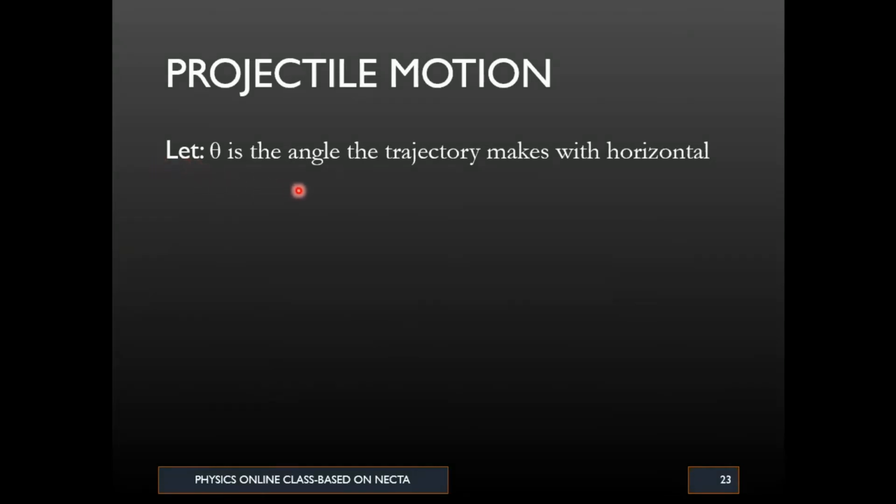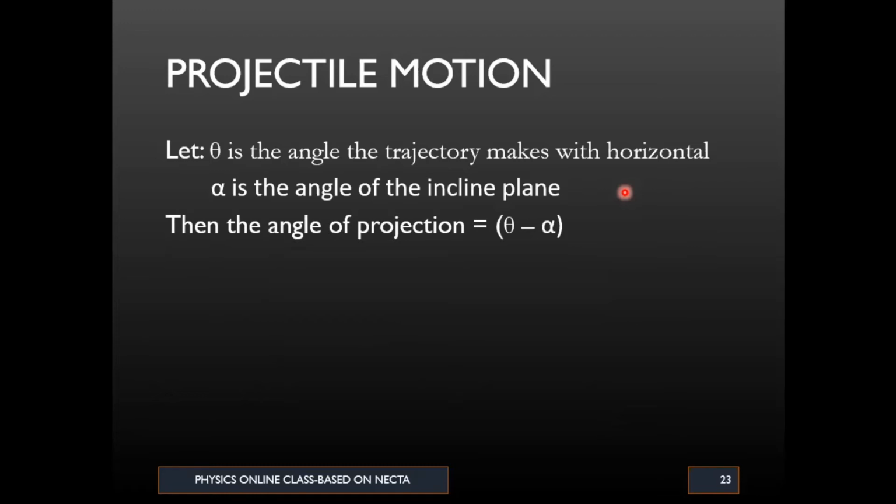Now, let theta be the angle the trajectory makes with the horizontal, and alpha the angle of the inclined plane. Therefore, the angle of projection will be equal to theta minus alpha. Time of flight.